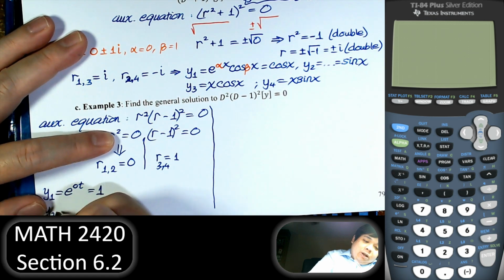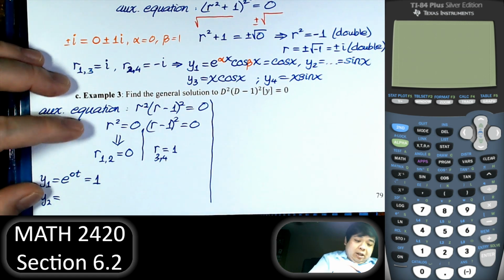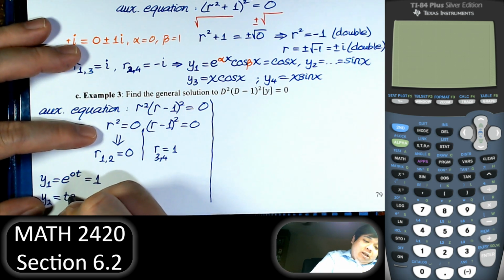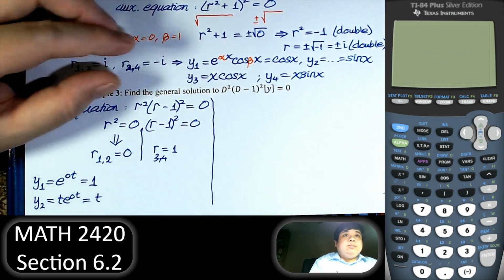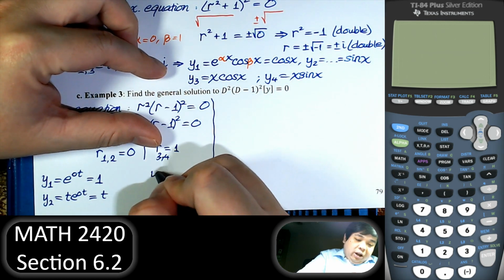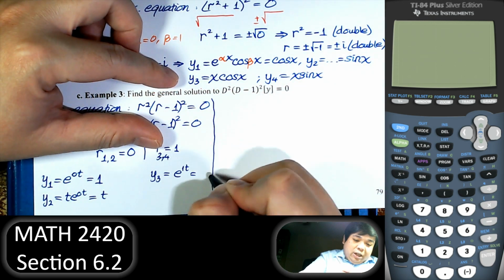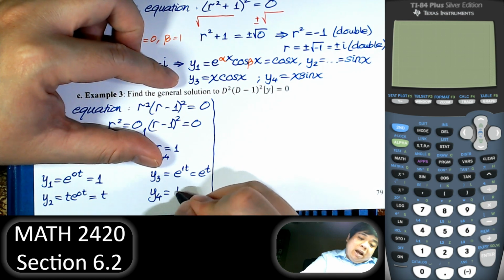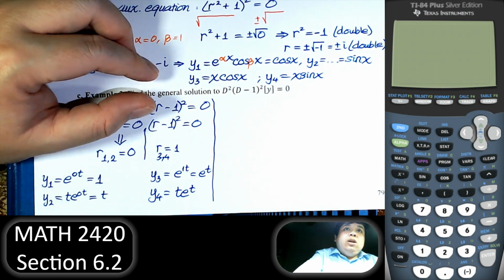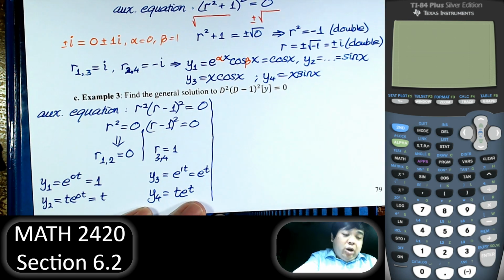y2, we want y2 to be linearly independent to y1, so we will stick a t to it, and we end up with t. y3 is e to the 1t or e to the t, and y4, just to make it linearly independent, we stick a t to it. So those are the 4 solutions, linearly independent together.